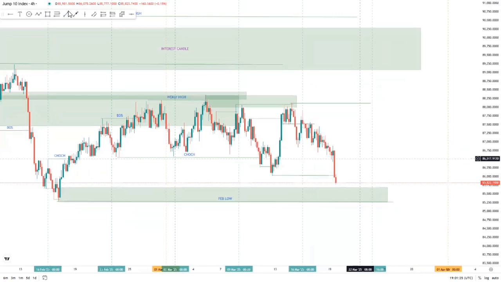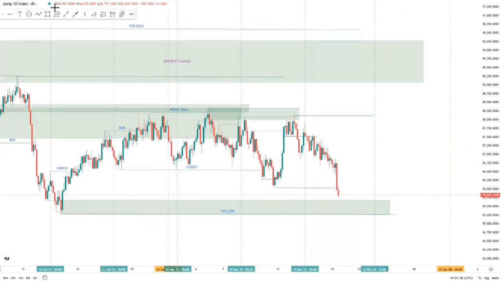So we are waiting to see the following. Maybe if we break here, this Feb low, we'll wait for the market to come and continue for some bearish trend. So I'm just gonna show you the trade.